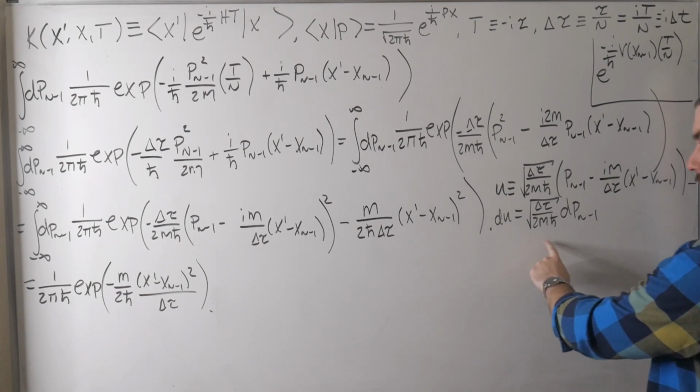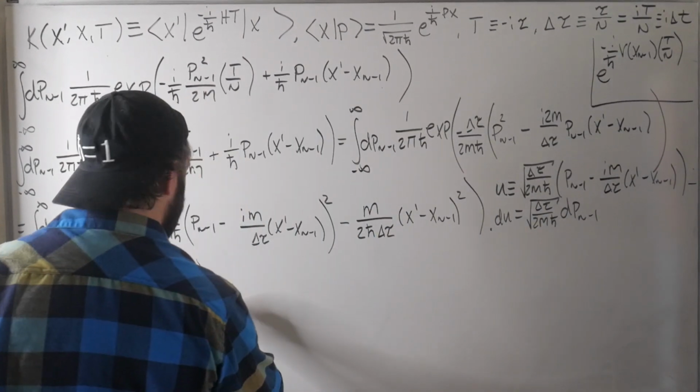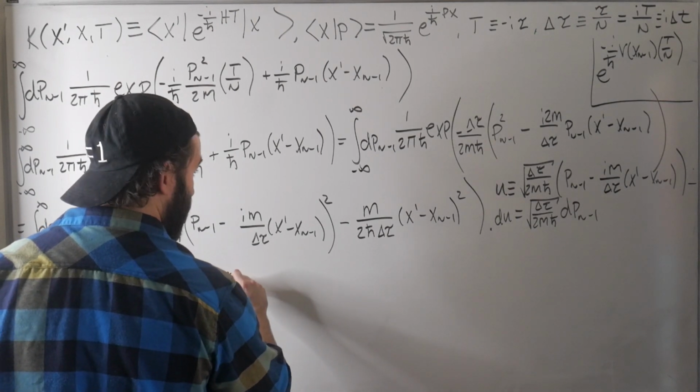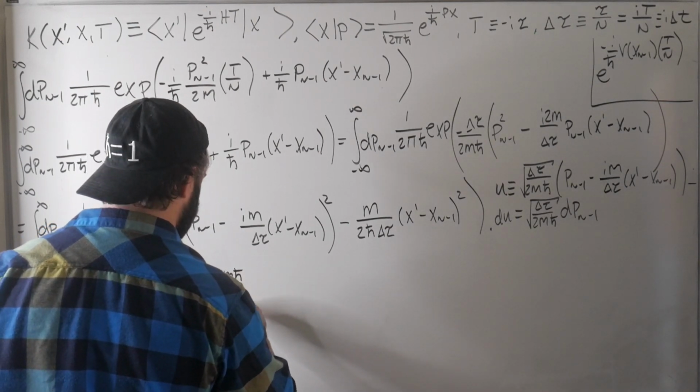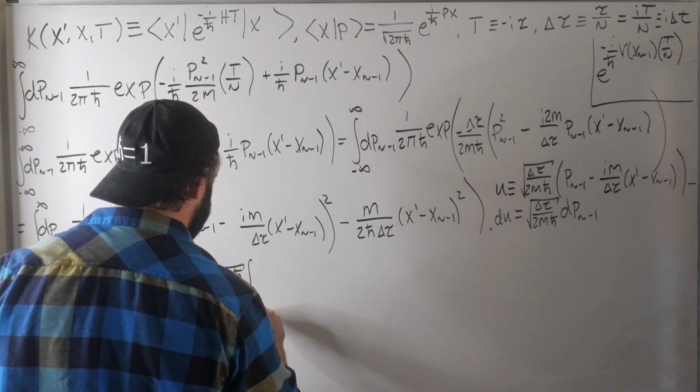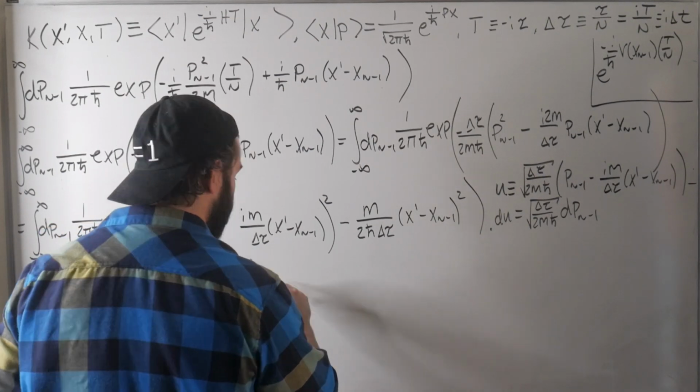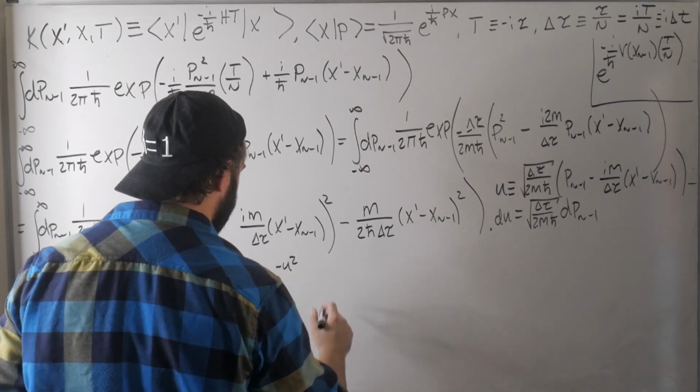So in doing that, we get this factor here, root 2m h bar over delta tau, times the integral of du e to the minus u squared.